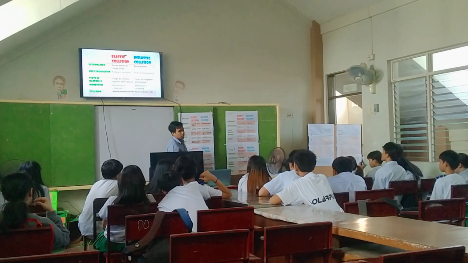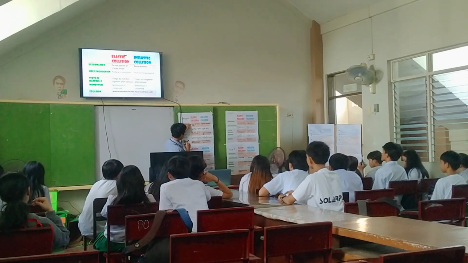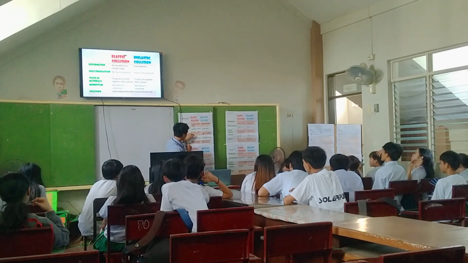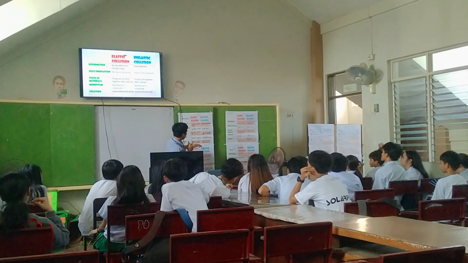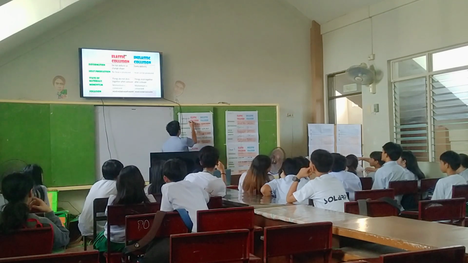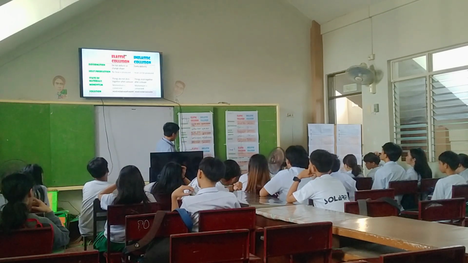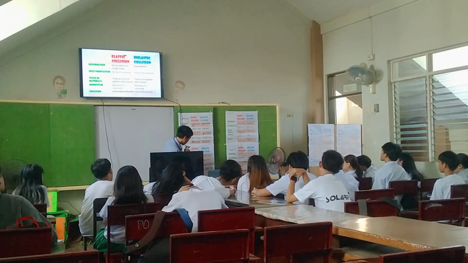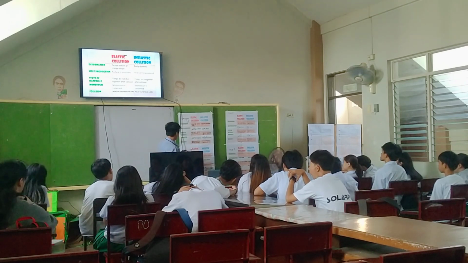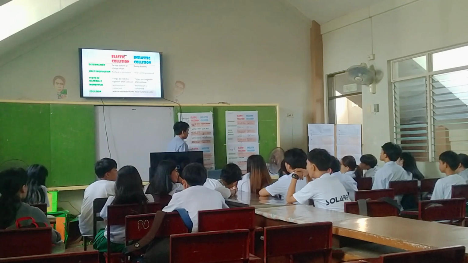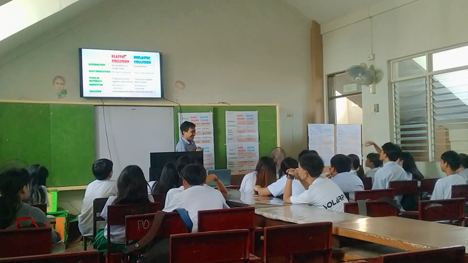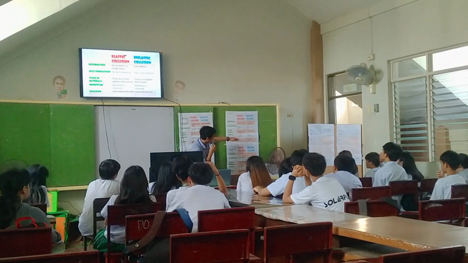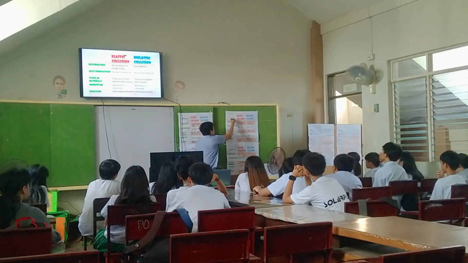So now let us count your scores. For group number 4, 2, 4, 6, 8, 10, 12, 14, 16, 18 points. For group 3, 2, 4, 6, 8, 10, 12 points. For group 2, 2, 4, 6, 8, 10, only 1 mistake, 18 points also.